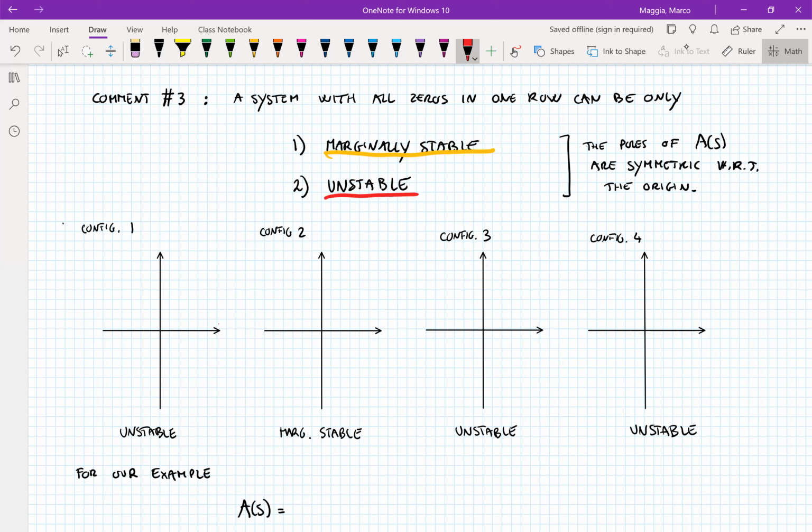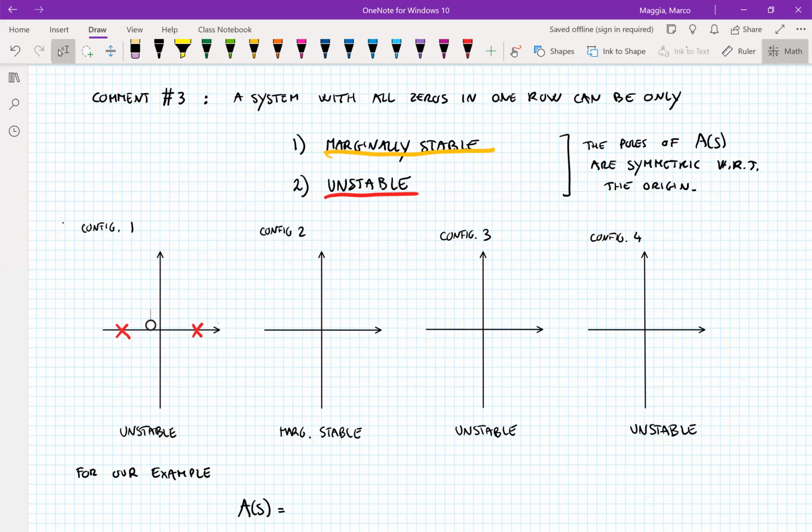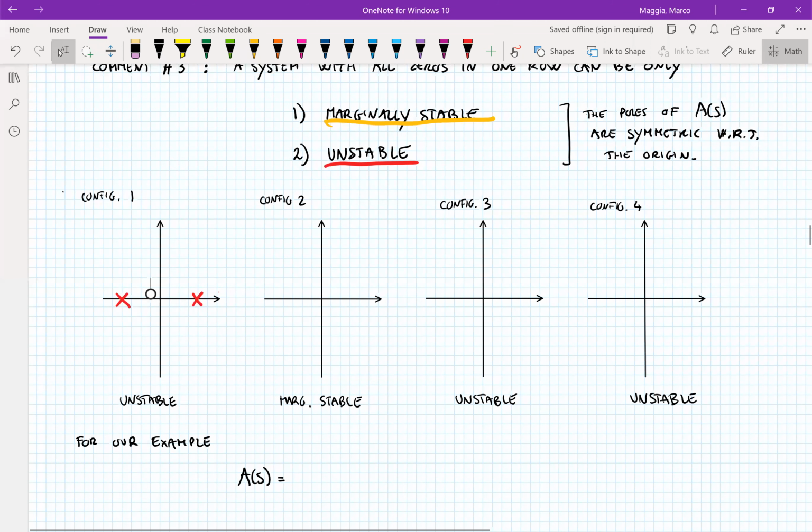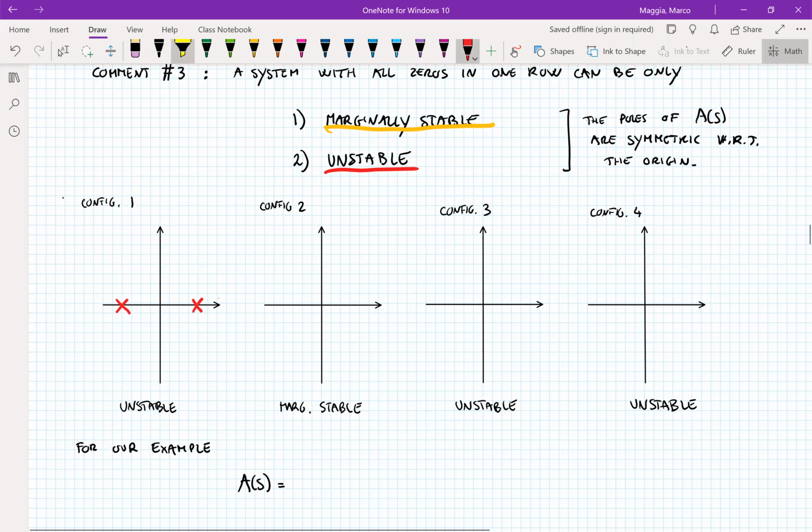So let's say, for instance, that we had a pole here for the system, and we find out that we have a row full of zeros in the Routh table, then we must have also a pole that is symmetric to this one with respect to the imaginary axis.